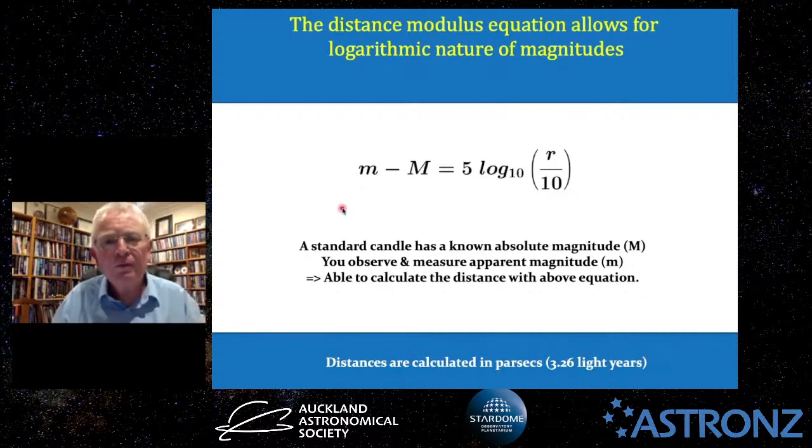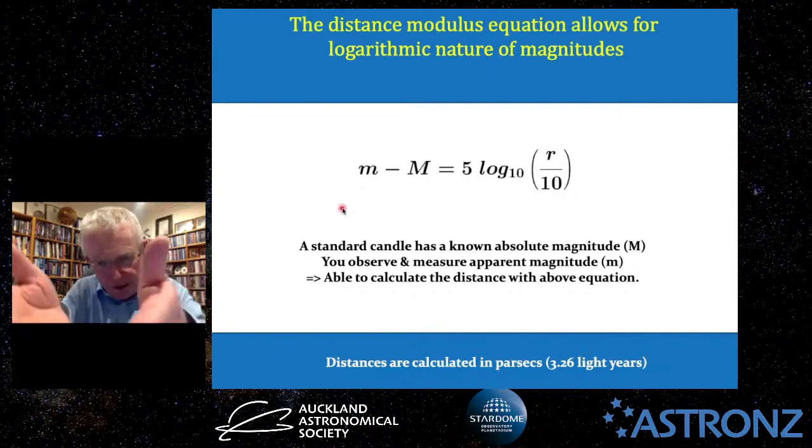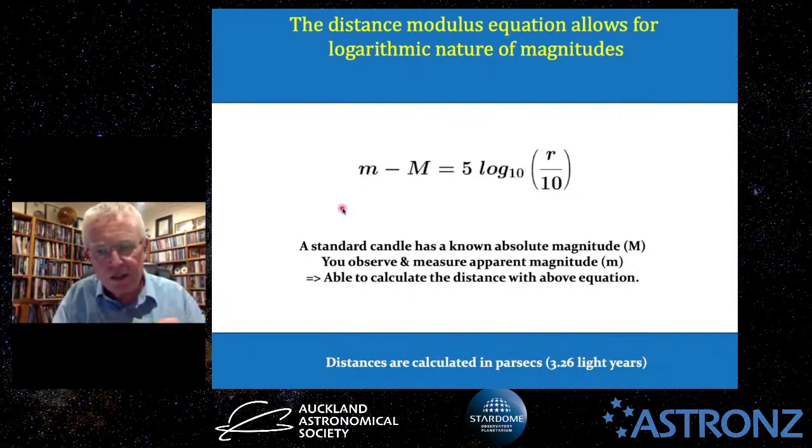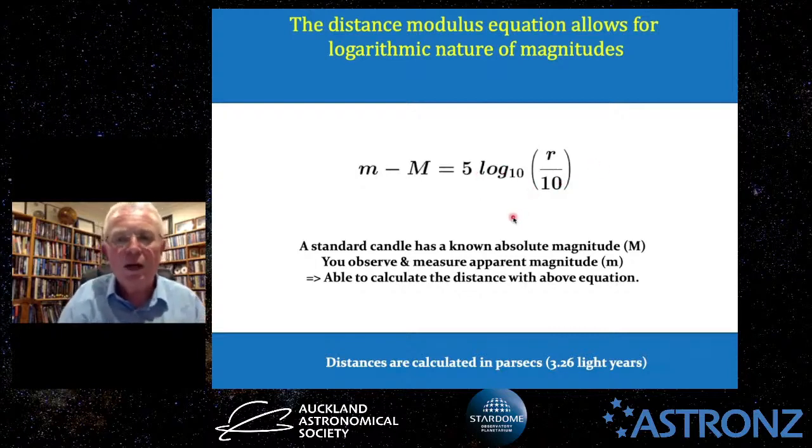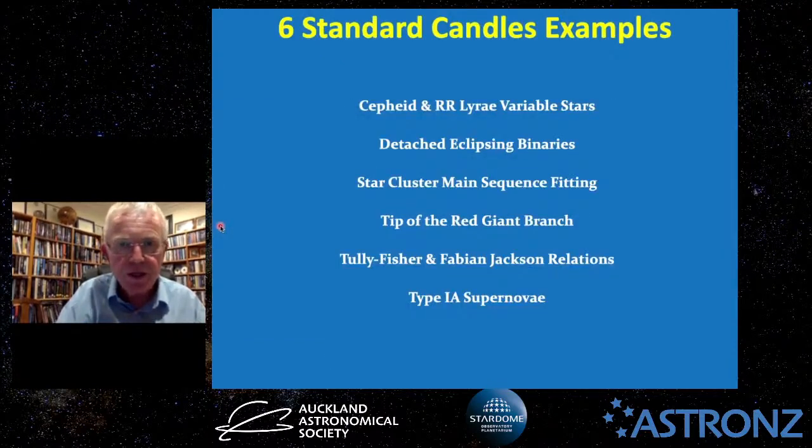Capital M usually refers to its absolute magnitude. And then you put the r in there for your distance. You know this from your telescope, you know this from your theory, your standard candle, and from there you put those into the equation, and it's very easy to work out what r or d, the distance, is. Distances are calculated in parsecs too for this equation, just like with parallax. Parsecs is quite handy.